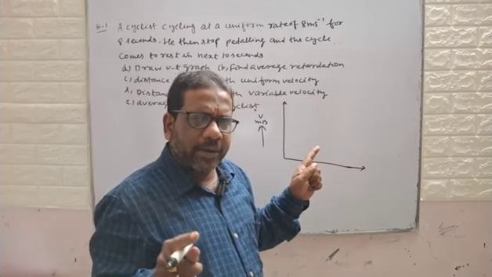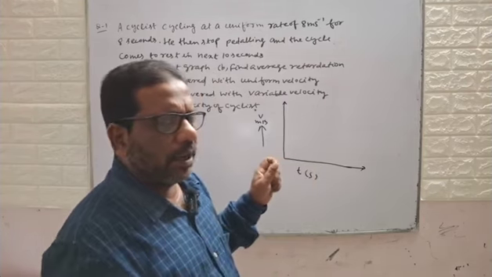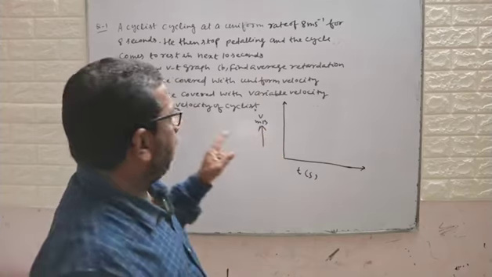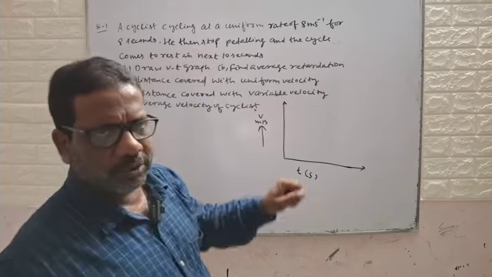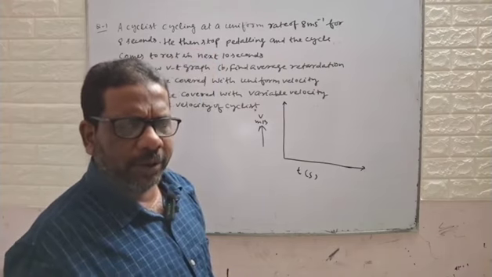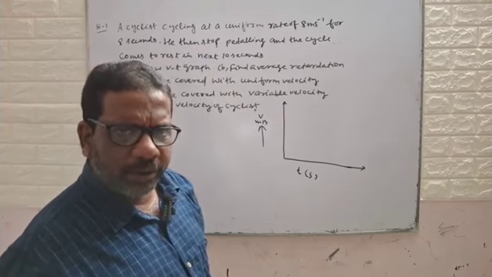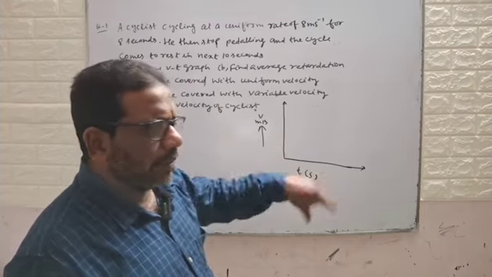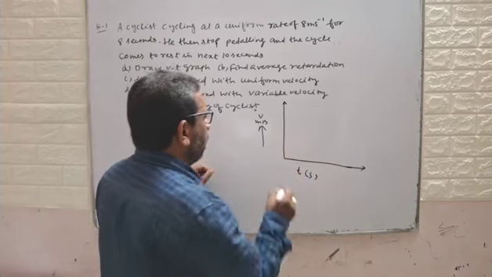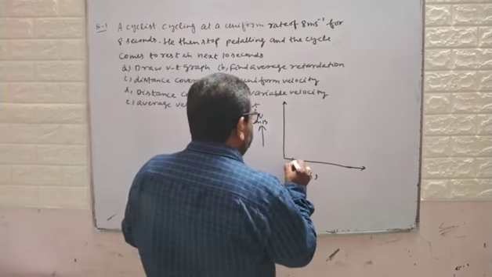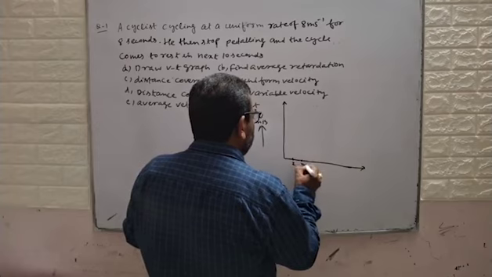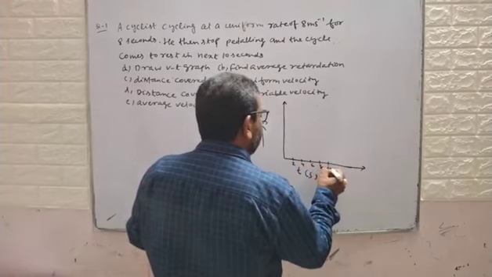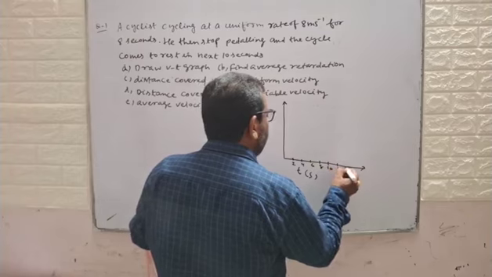At what rate the cyclist travels? At the rate of 8 meters per second for how many seconds? For 8 seconds. Then he stops pedaling. After stopping pedaling, he comes to rest in the next 10 seconds. I will take 2, 4, 6, 8, 10, 12.